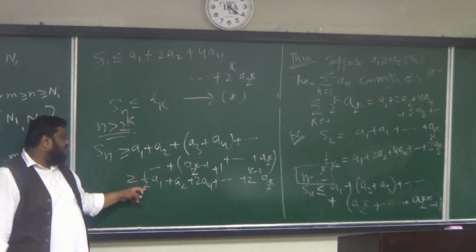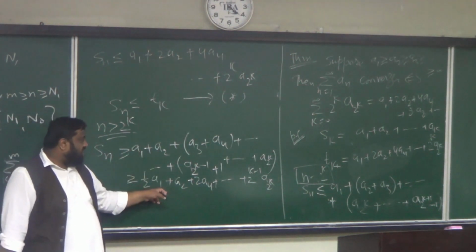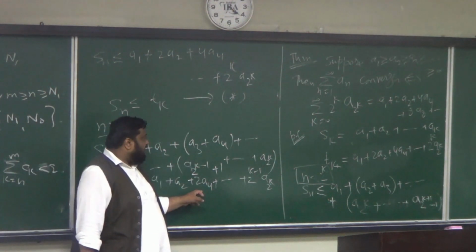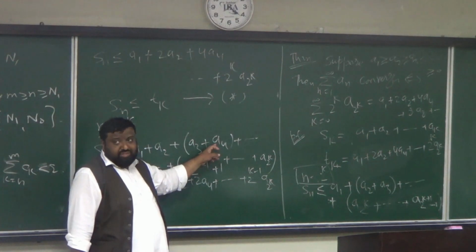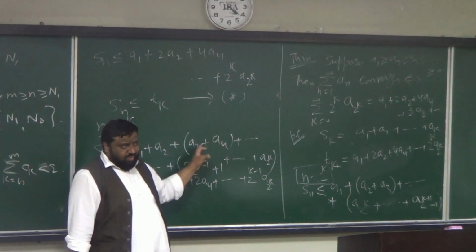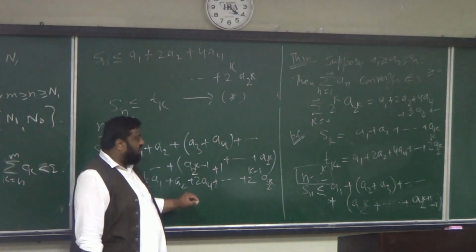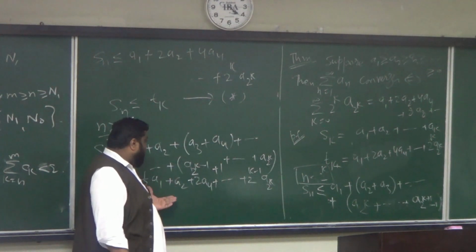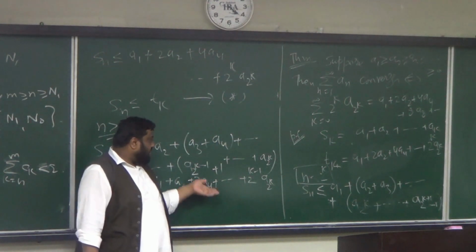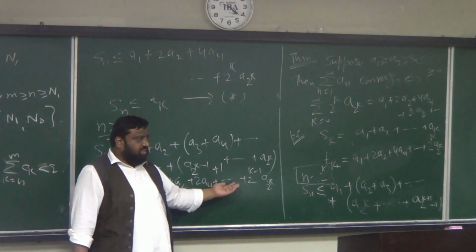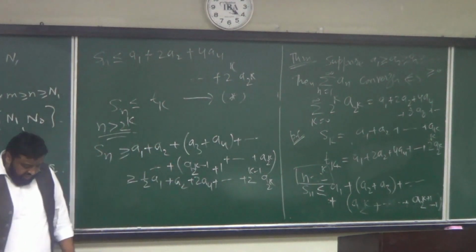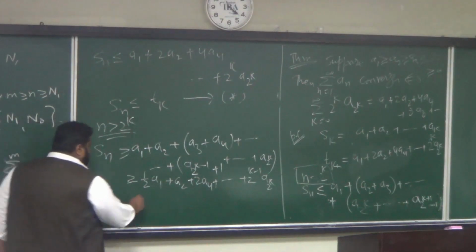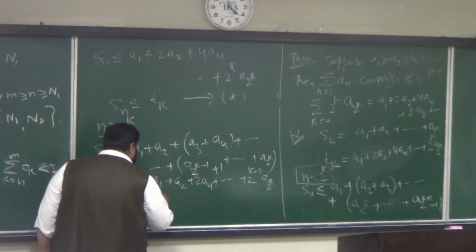This term is bigger than this term, this one is equal, and this term is bigger than this term, because A3 is bigger than A4, so obviously it's going to be bigger than A4 plus A4. So this sum is dominating this sum term by term. Now, this guy is equal to 1 over 2 times this.